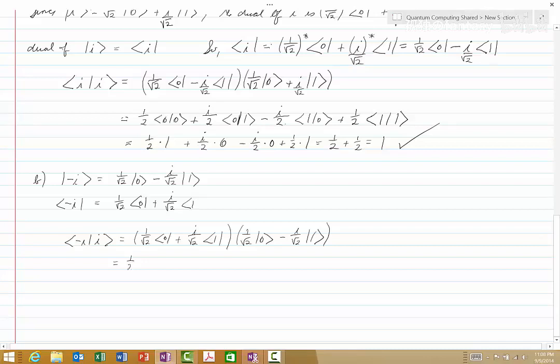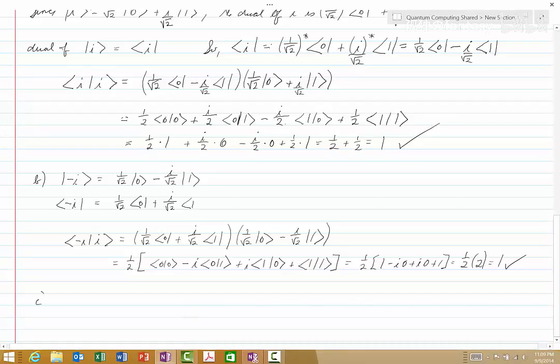And so we will get that, and that will be 1/2 of 1 minus i times 0 plus i times 0 plus 1, or 1/2 of 2, which is 1. And that verifies the second thing that we wish to verify.